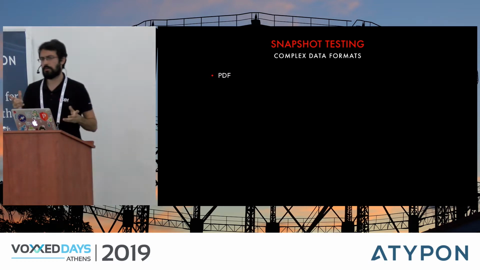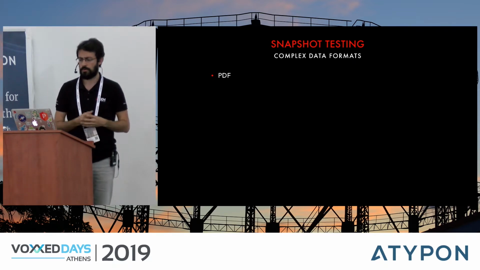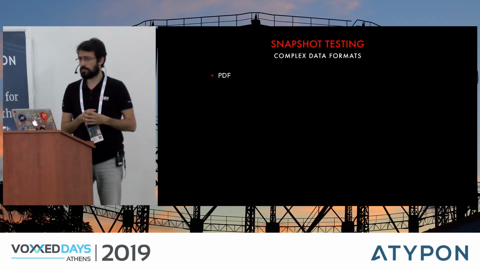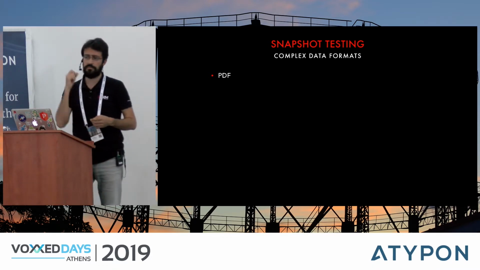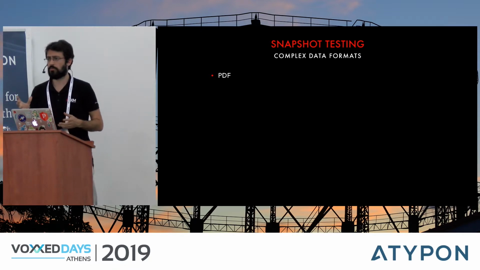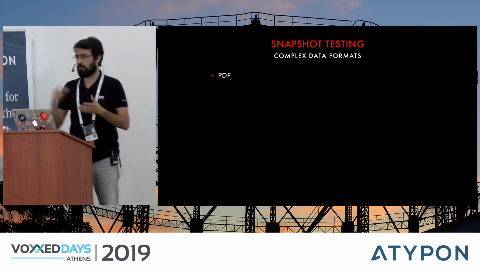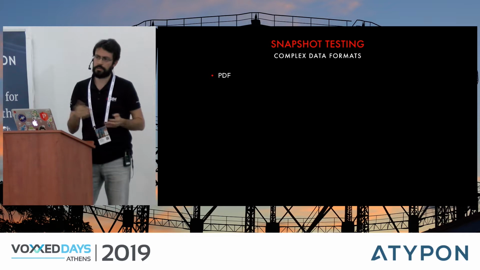If you write programs or libraries that produce files or output with a complex data format, then snapshot testing is also very, very helpful. For example, if you write a program that generates PDF files, and you would want to test that, then you would end up in the unit test world writing multiple assertions because the internal data format of the PDF is actually very, very complex.